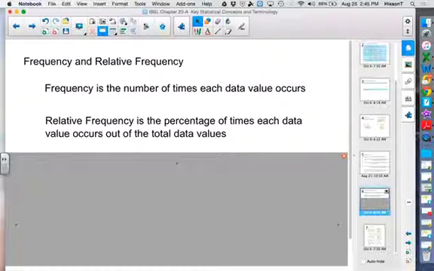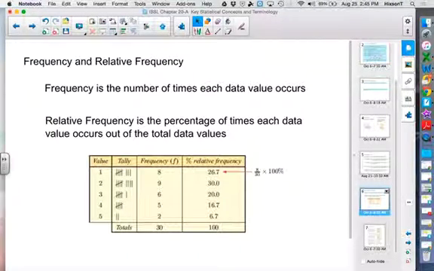It's a percent out of the total data. Here's an example here. We have these scores 1 through 5, and they occurred this many times for a total of 30 different occurrences. However, 8 out of 30, since 1 occurred 8 times, 1 occurred 26.7% of the time.